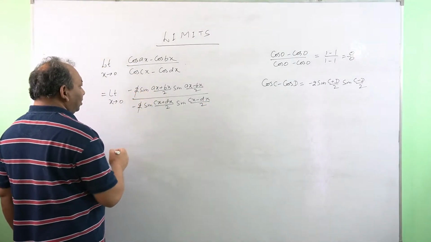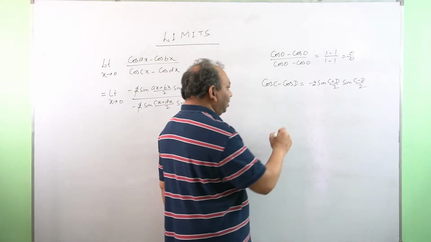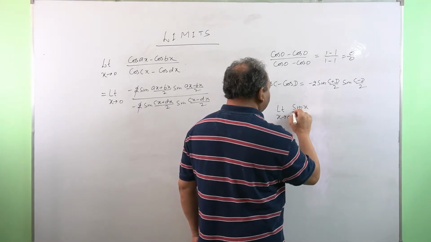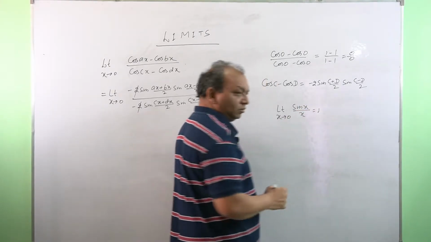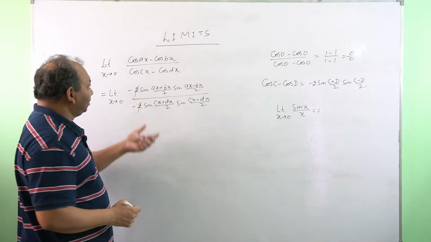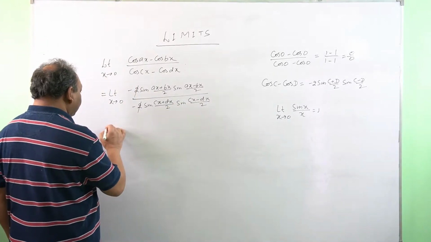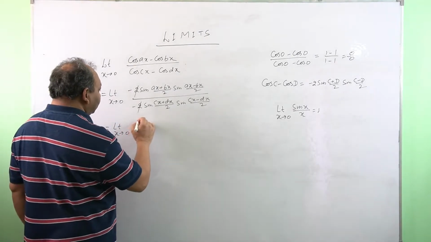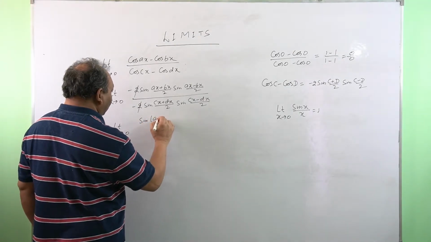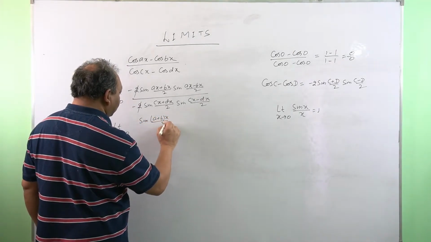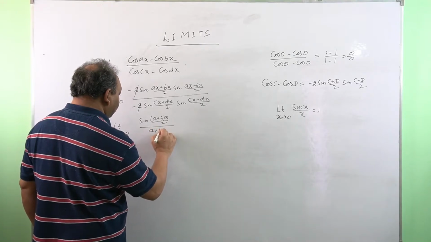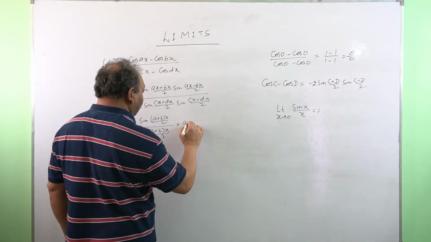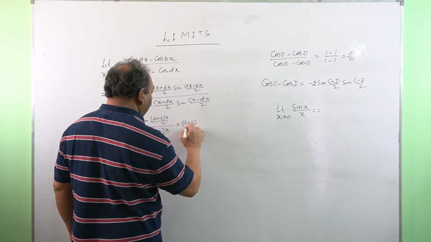Minus 2 cancel out. And we know the formula limit x tends to 0 sin x by x is equal to 1. So reduce this expression in that form. Limit x tends to 0, we can write here sin (a plus b) x by 2 divided by (a plus b) x by 2, multiplied also by (a plus b) x by 2.